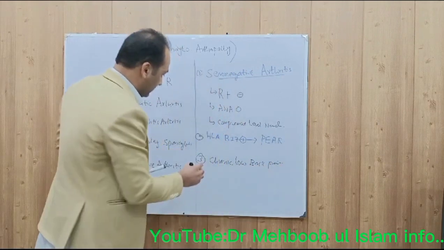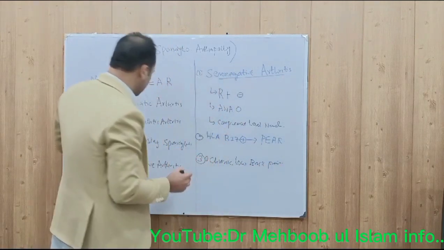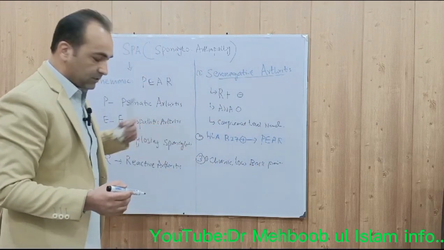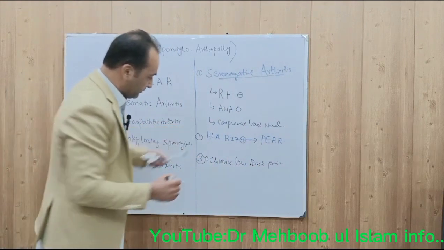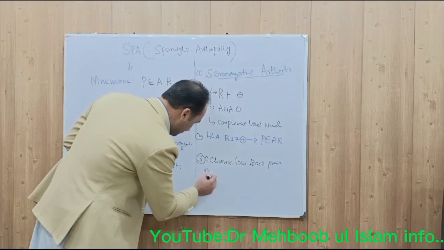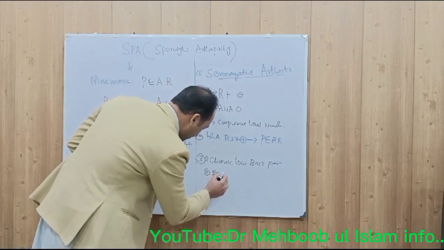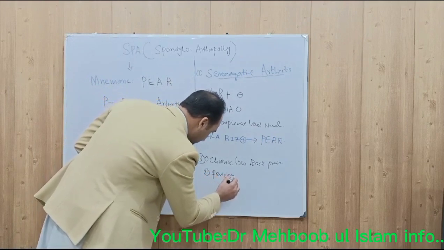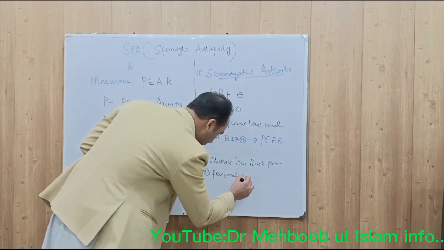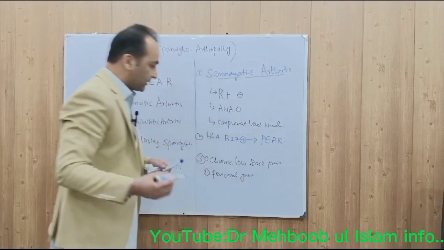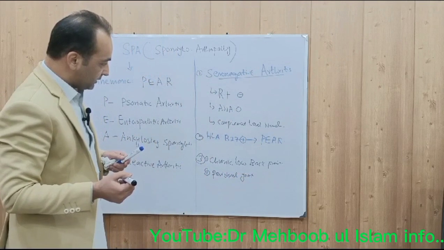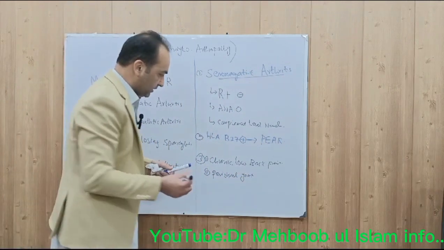They can involve the peripheral joints. All these conditions can involve the spine, and they can involve the peripheral joints, that is the hip joint and the shoulder joint, and can also involve the knee and other joints.